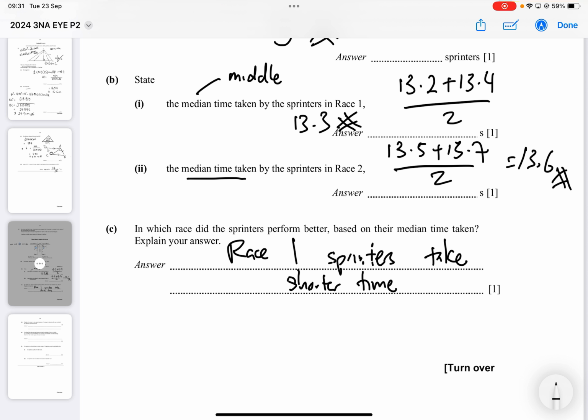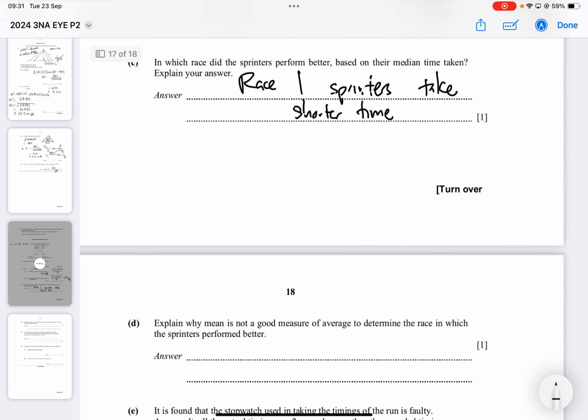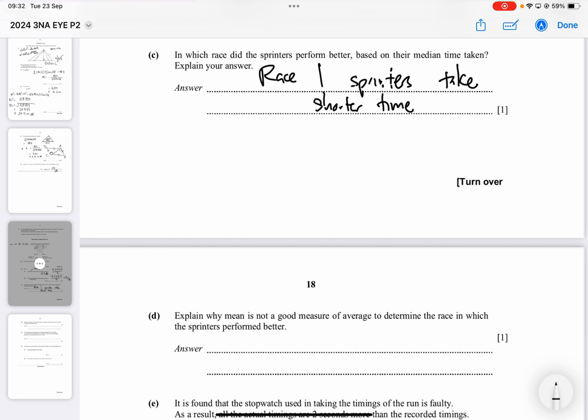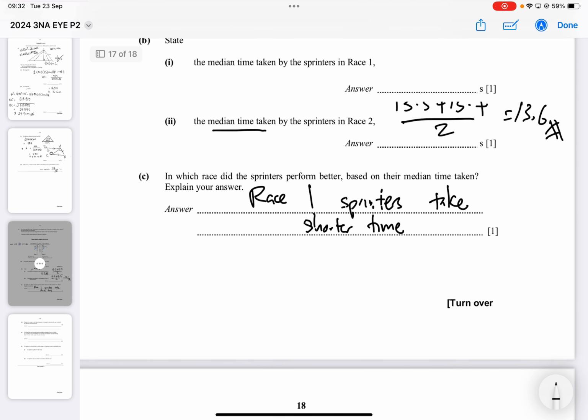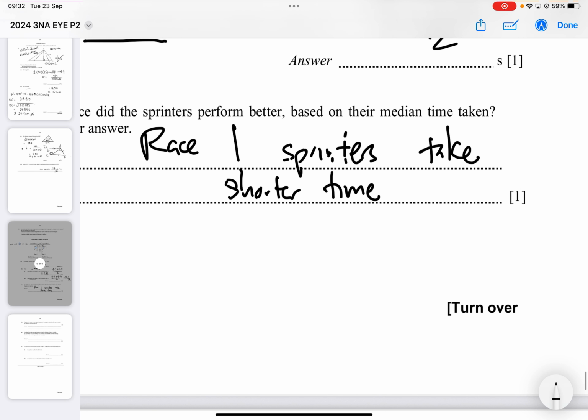Okay? So race 1 sprinters perform better.